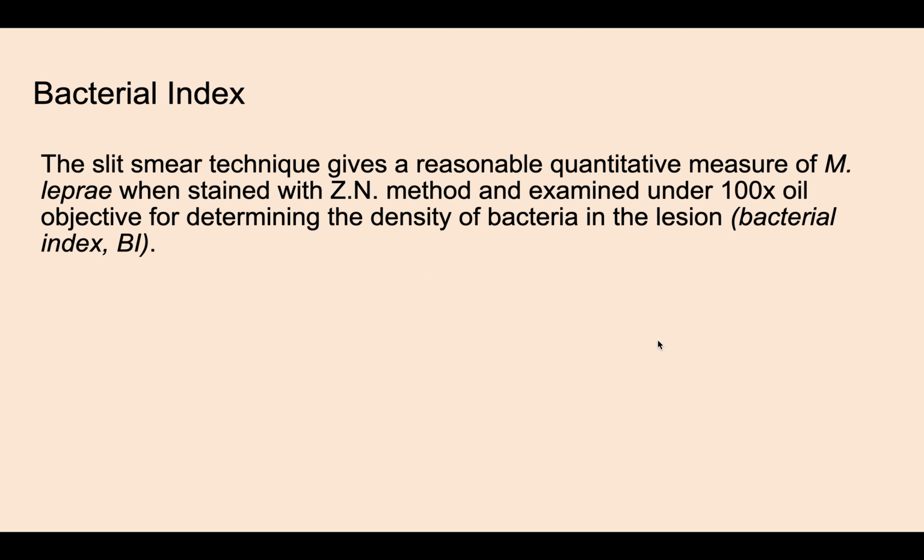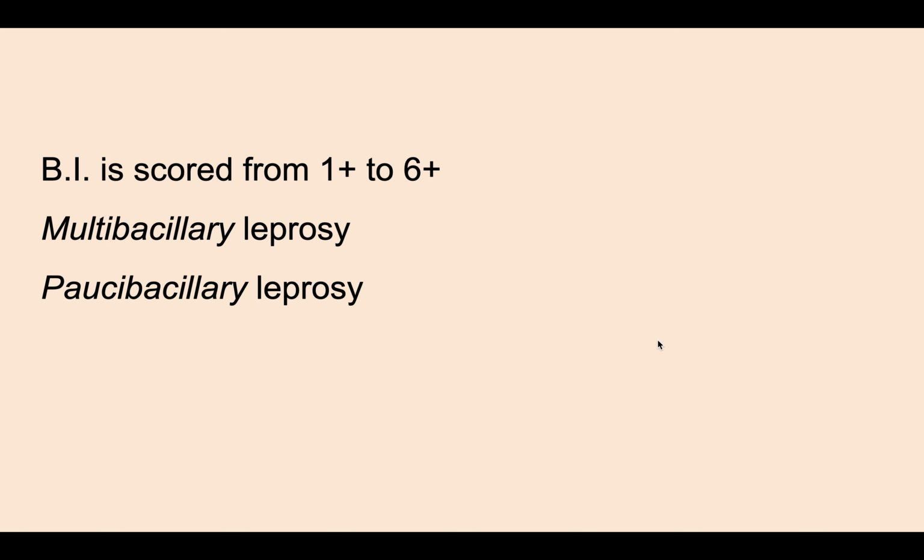The split skin smear gives a reasonable measure of Mycobacterium leprae. So what is done is the smear is taken and then the ZN method is performed. Now the ZN stained slide is kept under the 100x oil immersion objective lens, and under the 100x you have to see the density of the bacteria. So how does it go? It goes from +1 to +6.